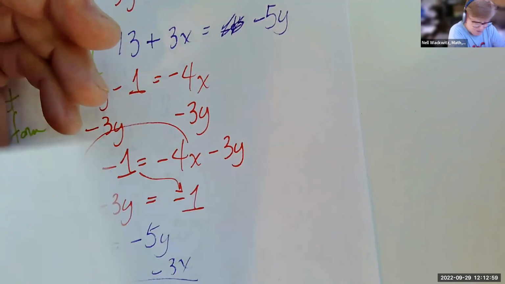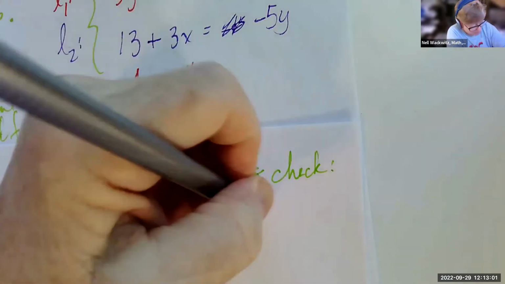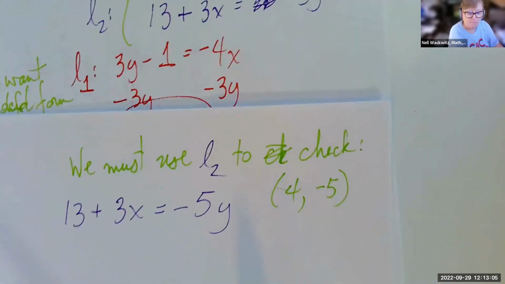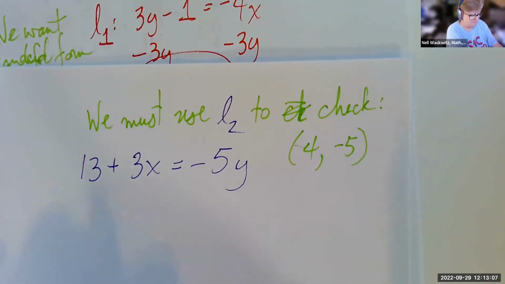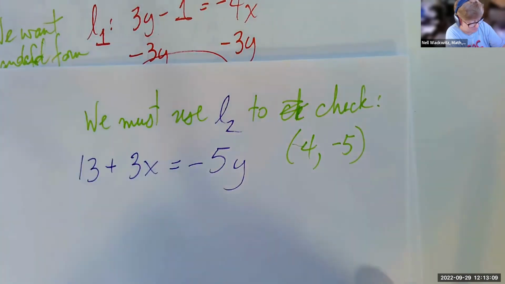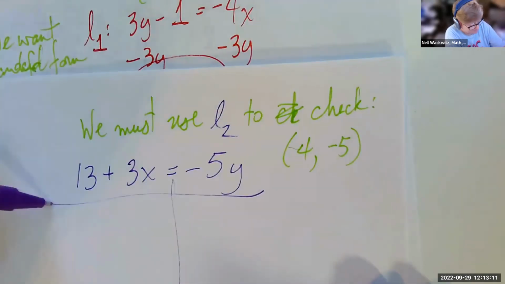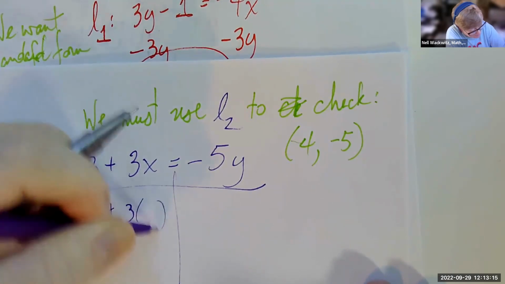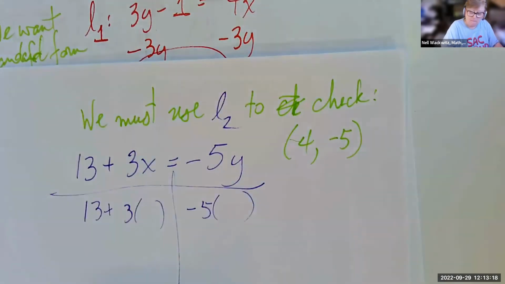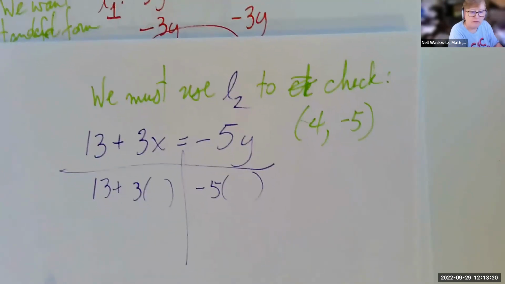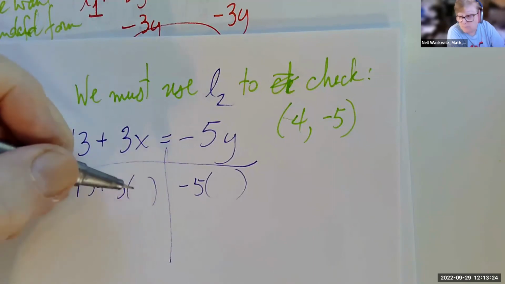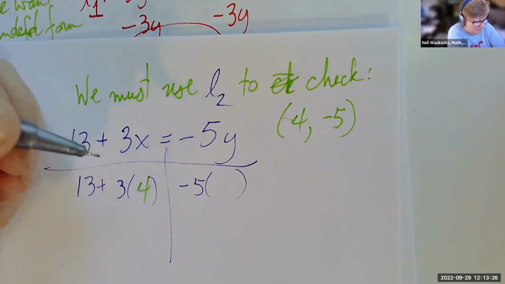We had x equal to 4 and y negative 5. So we have 13 plus 3 times x, negative 5 times y. We're plugging in 4 for x and negative 5 for y.